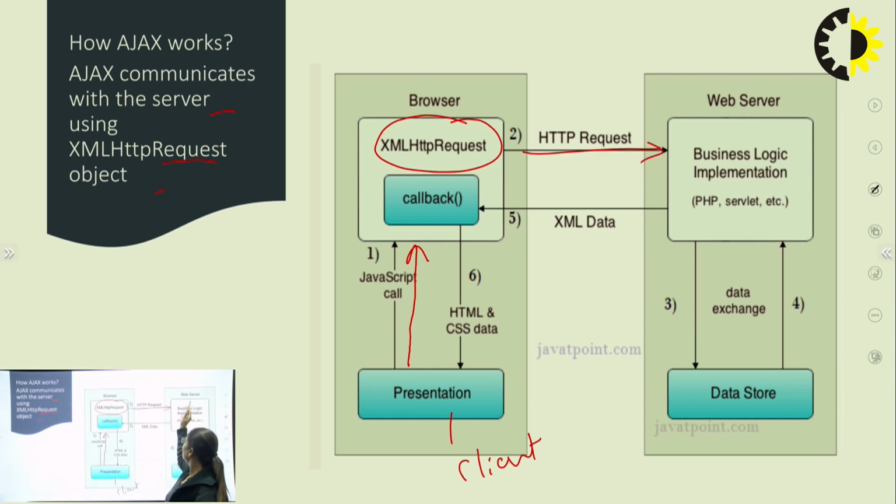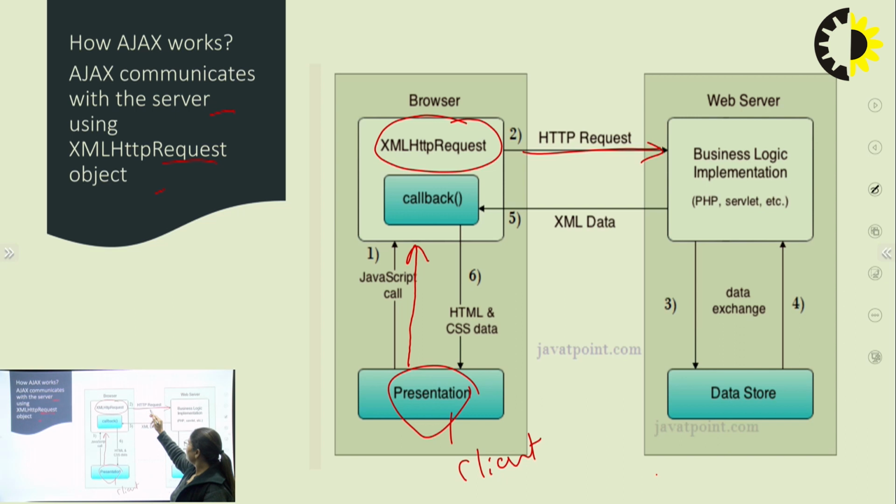That is the business logic. As we know, there are three layers in this architecture. One is the presentation layer on the client side, one is the business layer on the server side, and the third is the data layer on the database side. Basically the server is used to create the business logic.